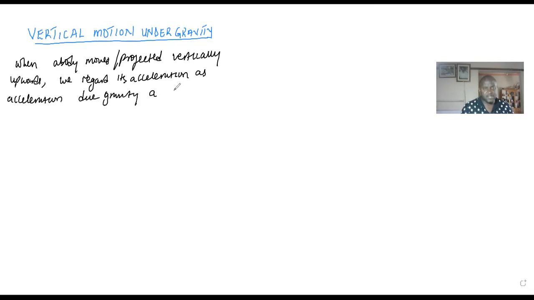So therefore, a is equal to small g. And this small g is what we shall have as 9.8 meters per second squared. In O level, you have been calling it 10 meters per second squared because it is rounded off. But here at advanced level, we go for its exact value.